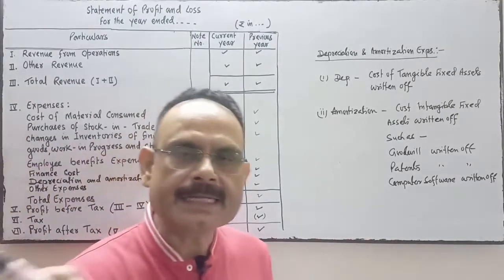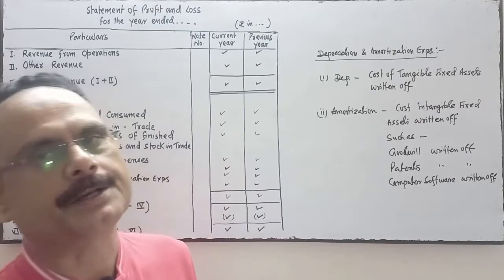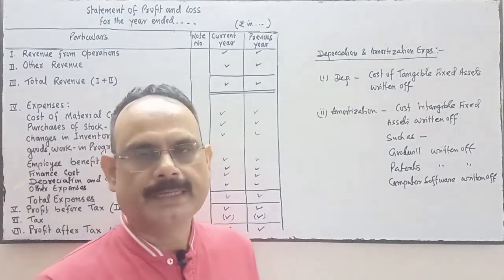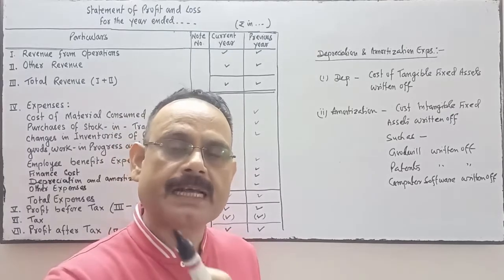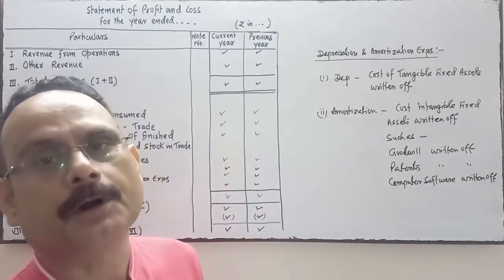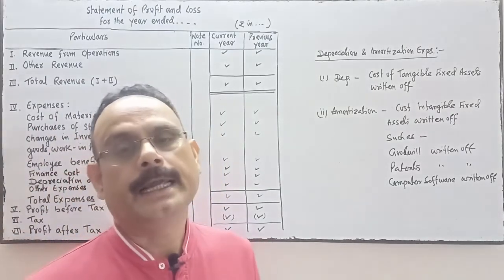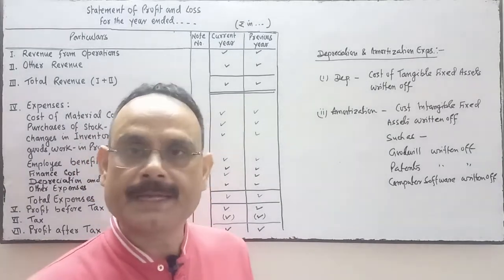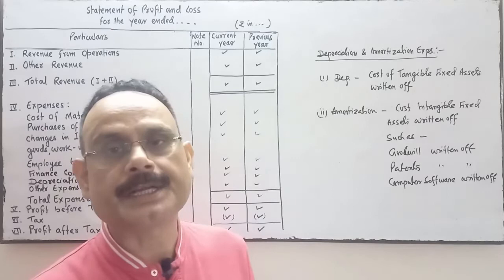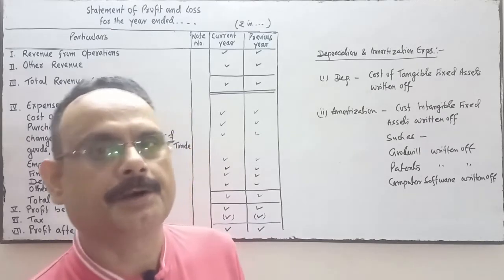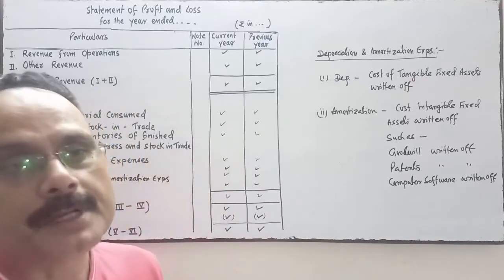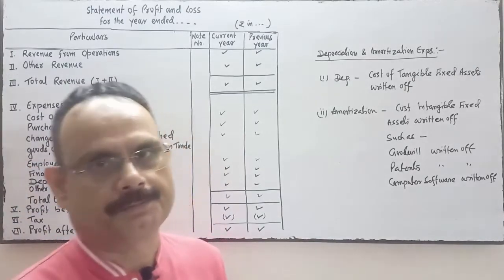And when intangible fixed assets are written off, it is called amortization. For instance, patents written off, copyrights written off, goodwill written off, computer software written off.